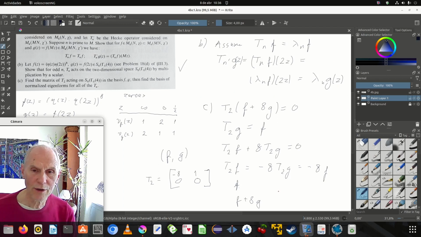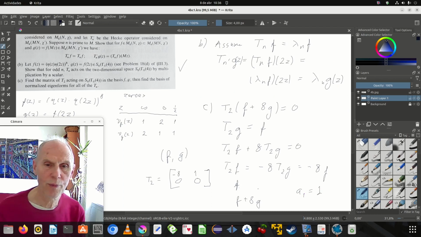So they are normalized, meaning that A1 equals unity. So that's the basis.